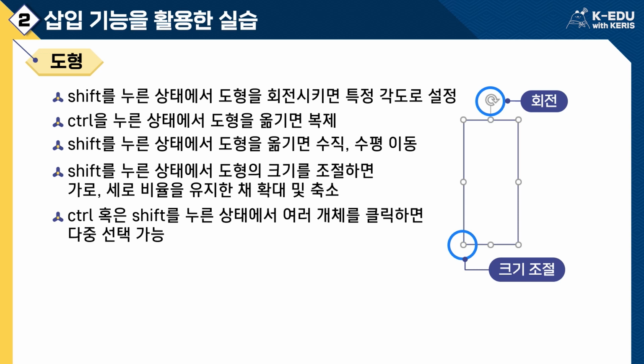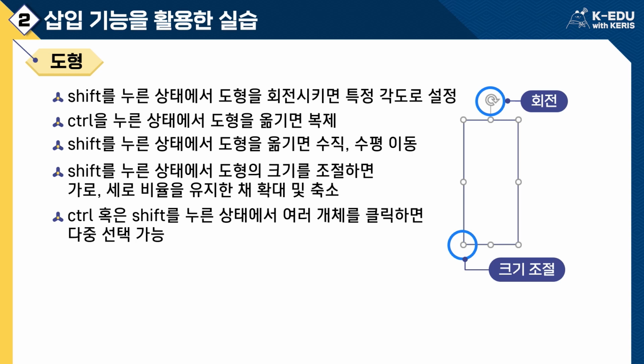In addition, there are keys related to shape. It's good for you if you know. First, if you rotate the shape while pressing Shift, you can set the specific angle. And second, you can replicate it if you move the shape while pressing Control. Third, if you move the shape while pressing Shift, it is possible to move it vertically or horizontally.